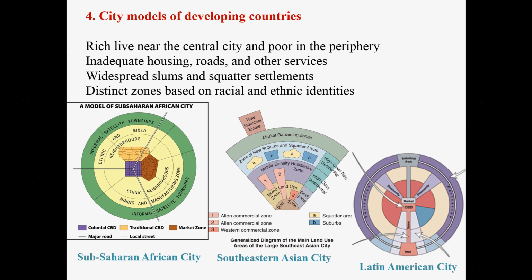Throughout the colonial eras, some colonizers brought people of different racial and ethnic groups to a particular country. Eventually, those different groups all have their own social spaces within the city, and therefore they become highly segregated. So segregation between race and between ethnicity is also an important characteristic of developing country cities.